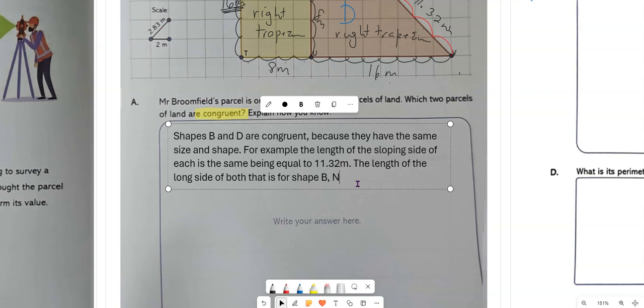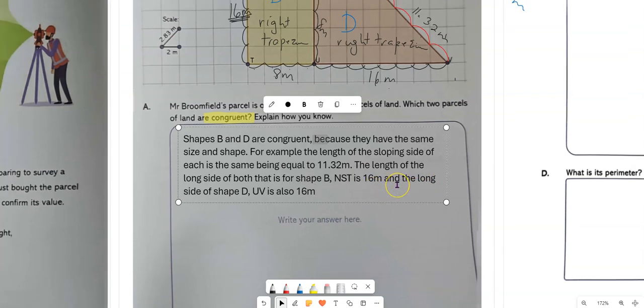Shape B NST is 16 meters, and the long side of shape D, I think it's UV, is also 16 meters. That could give us some marks there, okay?